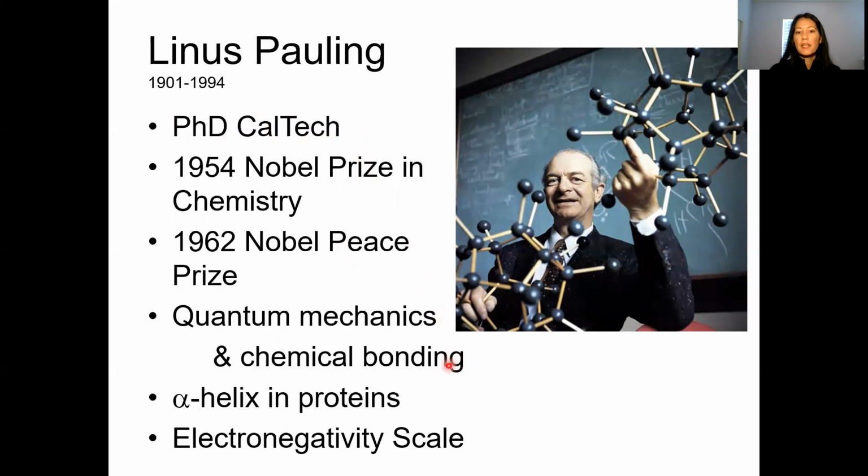He actually did a fellowship with Niels Bohr and Erwin Schrödinger. And then he made the contribution of the alpha helix model that you're probably familiar with, and he developed the electronegativity scale. His Nobel Peace Prize was actually for him voicing his position against using nuclear bombs.